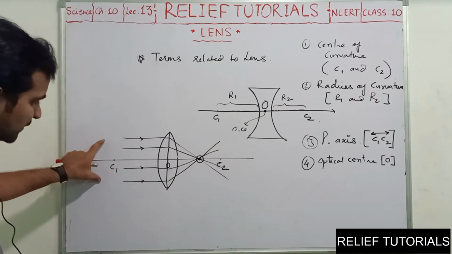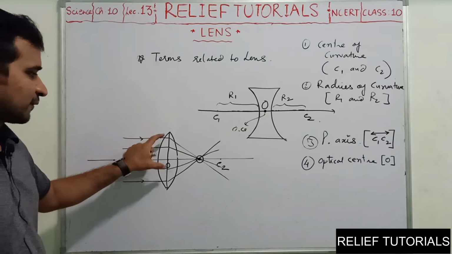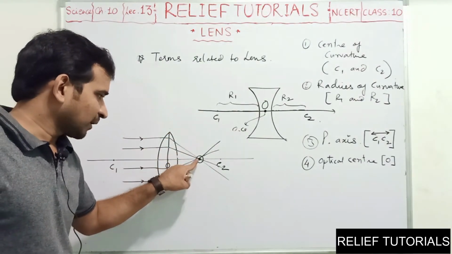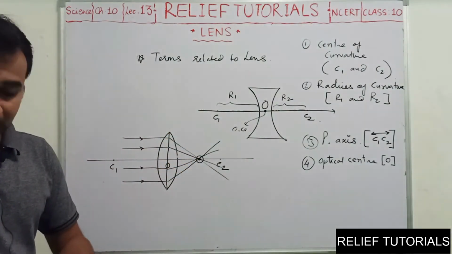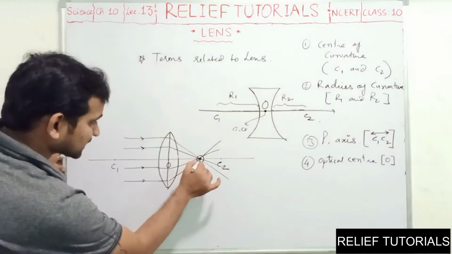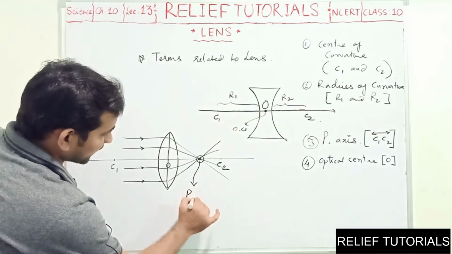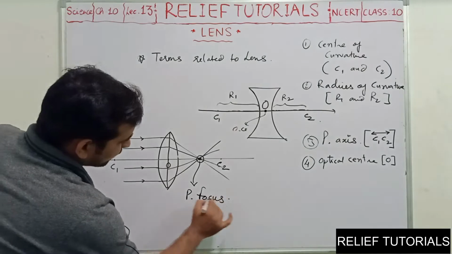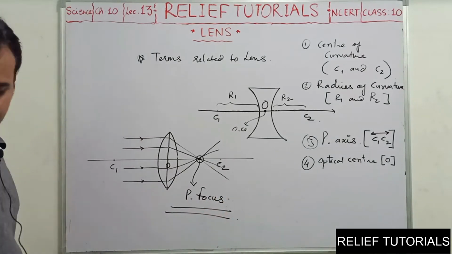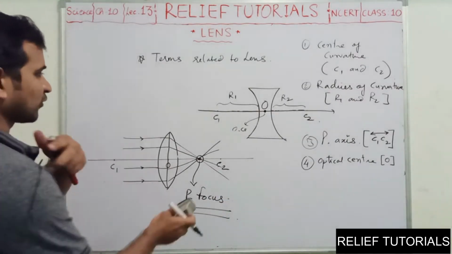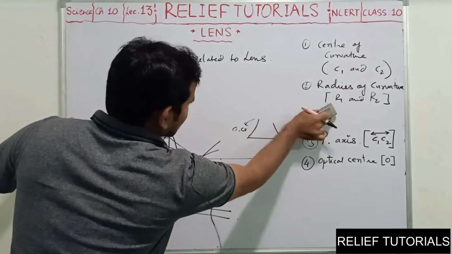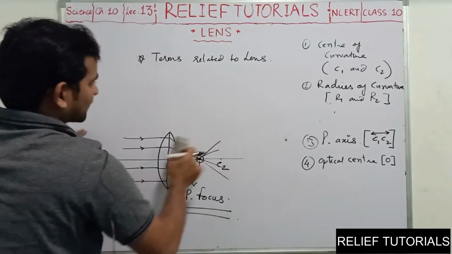So when the rays are coming from infinite distance, they get refracted and pass through one common point on the principal axis, and this point is called principal focus. This is in the case of convex. What would happen in the concave lens?